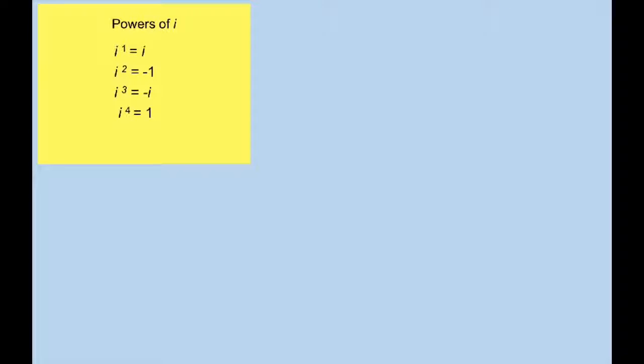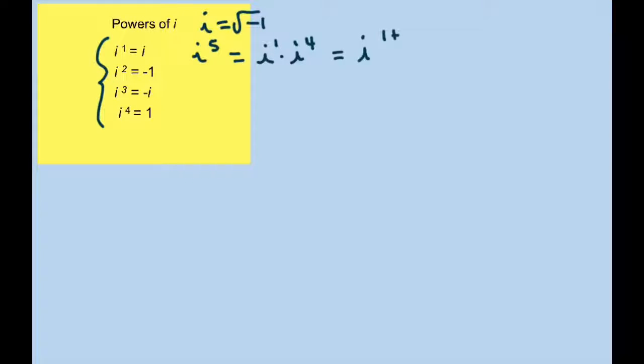We know that for the powers of i, remember i equals the square root of -1, we have this. And if you write it out some more, you have i to the 5th. Well, that equals i times i to the 4th, because you could use your law of exponents, and that would be 1 plus 5.